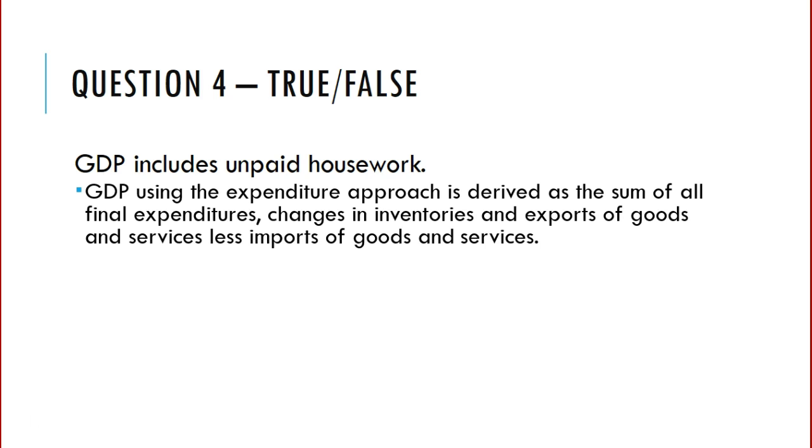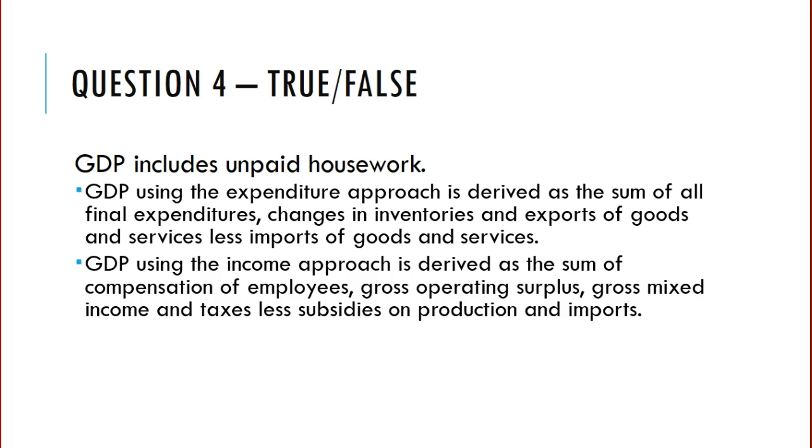So GDP using the expenditure approach is derived as the sum of all final expenditures, changes in inventories, and exports of goods and services less imports of goods and services. Okay? So it's about expenditure here. If you're producing something and you're not charging money for it, there's no expenditure to acquire it. So it gets excluded.